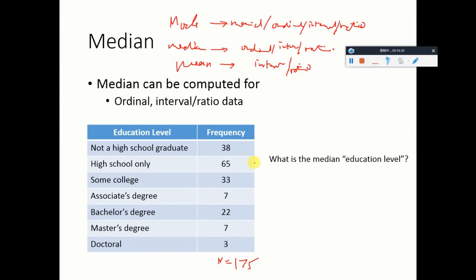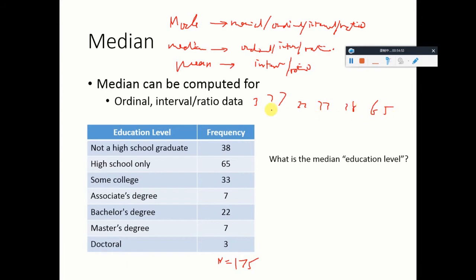You would say, well, looking at these numbers, the first step is to sort these values into ascending order. So it'll be 3, 7, 7, 22, 33, 38, 65. 1, 2, 3, 4, 5, 6, 7.